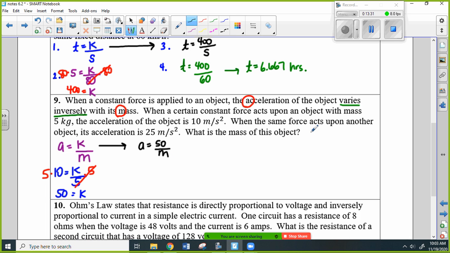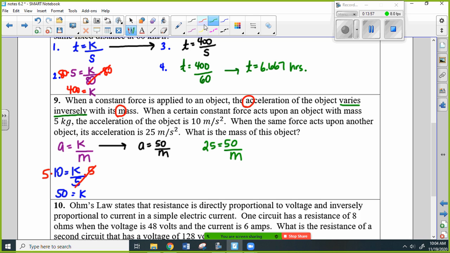When the same force acts upon the object, its acceleration is 25 meters per second squared. What is the mass? All right, well, this one's a little bit different, folks. This time they told me the acceleration and they want to know the mass. But we have algebra skills that can help us solve for M, right?